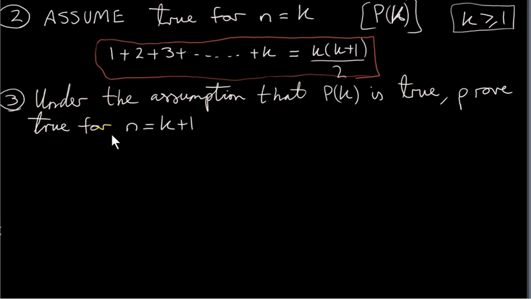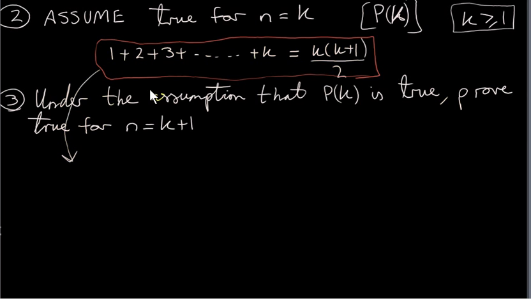So how do we prove that the statement is true for n equals k plus 1? Well, we would be summing the first k plus 1 integers, and we would be plugging k plus 1 in for n, in n times n plus 1 over 2. So we need to start with this and build on it.